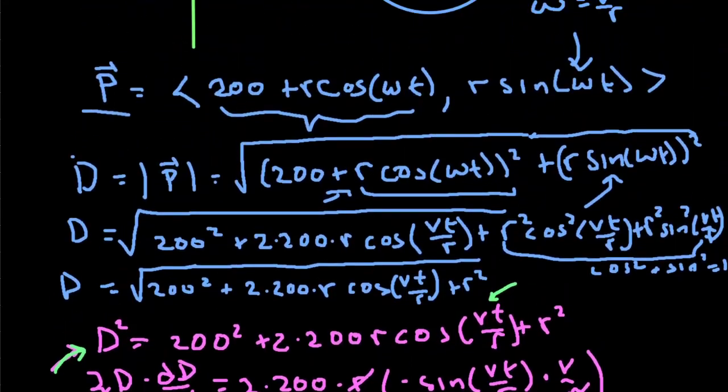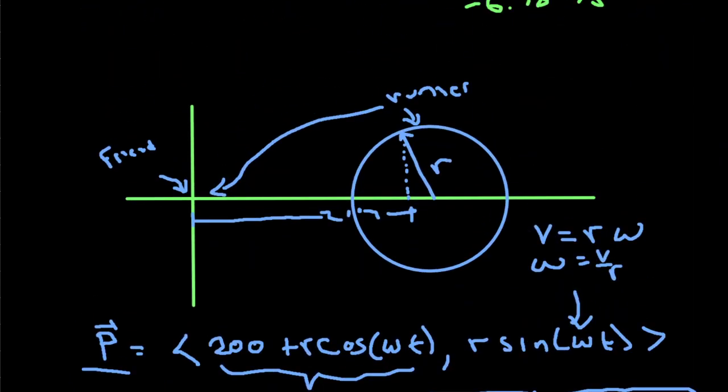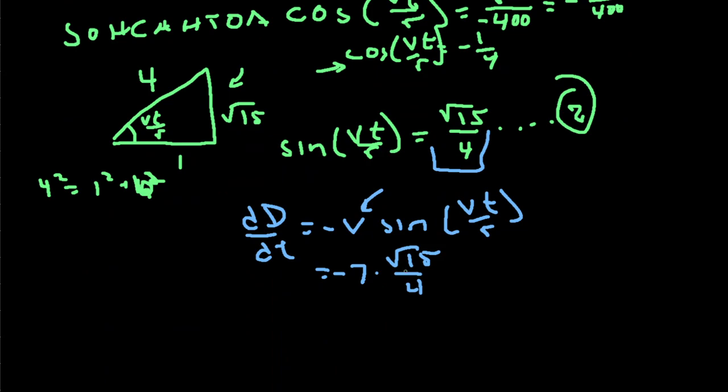And that's because if you're looking at the original drawing here, for the cosine to be vt over r, it could be this point or this point, like we previously mentioned. I'll draw it in blue. This point or this point. So it can be positive or negative if you're using the reference angle. So I'm just going to go ahead and write that in.